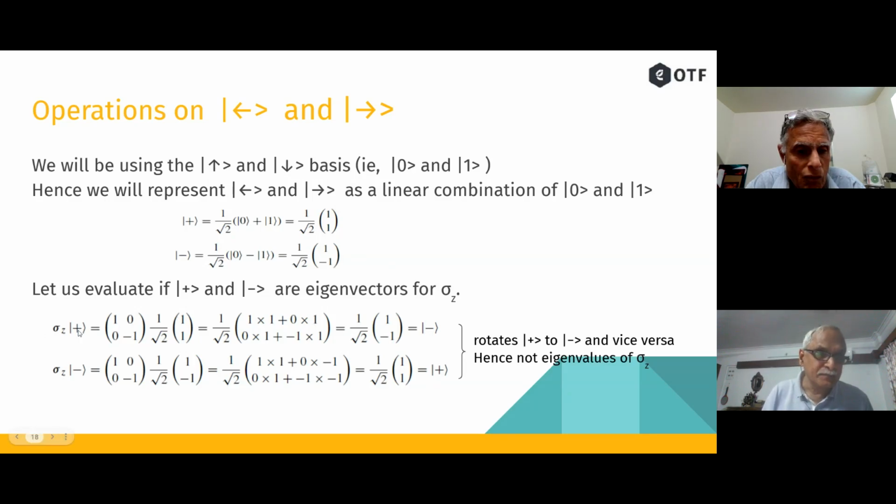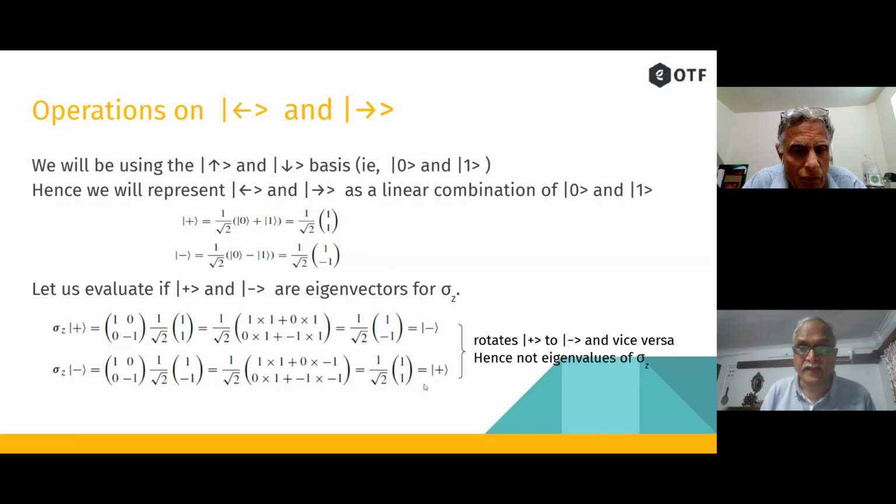So ket plus gets transformed to ket minus. Similarly, if I take ket minus and repeat the same operation, it gets transformed to ket plus. So here, sigma z is an operator, but in the context of sigma x notations, or the left arrow and right arrow kets, these do not turn out to be eigenvectors.